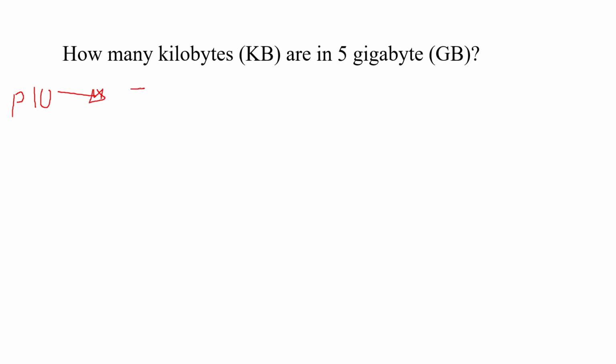Alright, let's start with gigabytes. It's going to be 5 gigabytes. How many kilobytes are in 1 gigabyte? If you remember, gigabytes is 10 to the 9th and kilobytes is 10 to the 3rd. Just like before, we take 1 gigabyte and convert it to the lowest factor, bytes, so that's 10 to the 9th bytes.